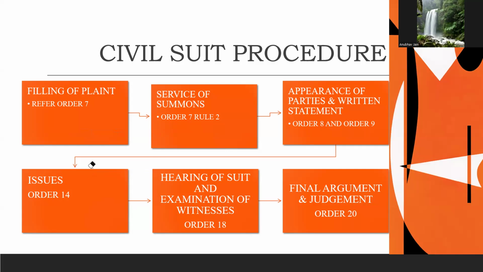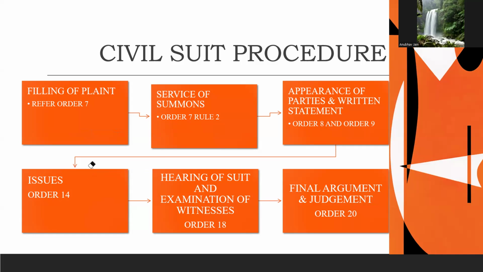Plaint is nothing but a statement or a complaint which gives the whole concise statement of actual facts, what the cause of action behind filing this suit is, and also what reliefs the plaintiff seeks from the honorable court.